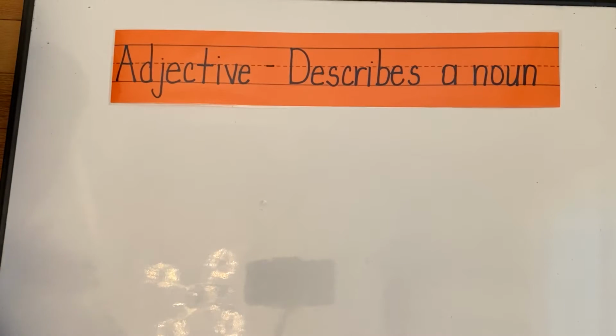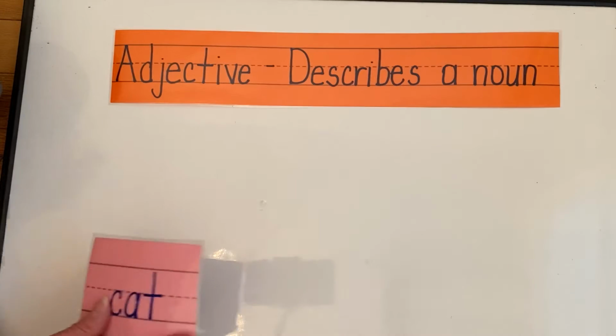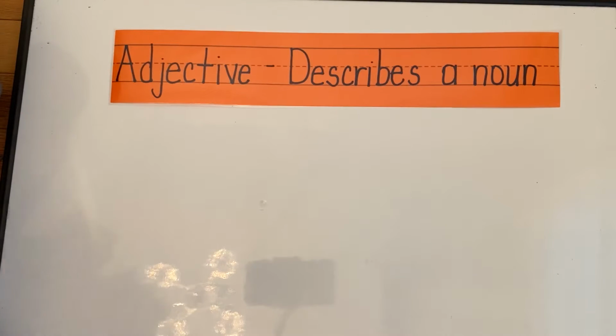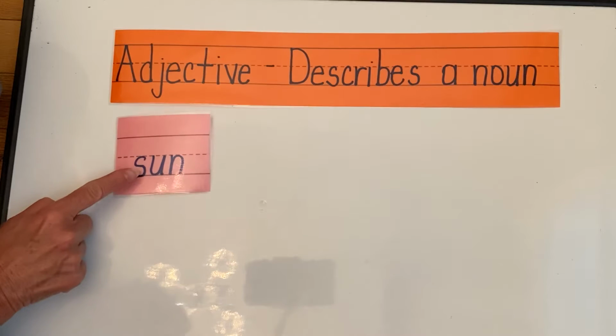That means you're going to tell more about the person, place, or thing. Now, I'm going to get our nouns back out that we talked about, and we're going to come up with some adjectives that describe our nouns. Okay, so here's our nouns.